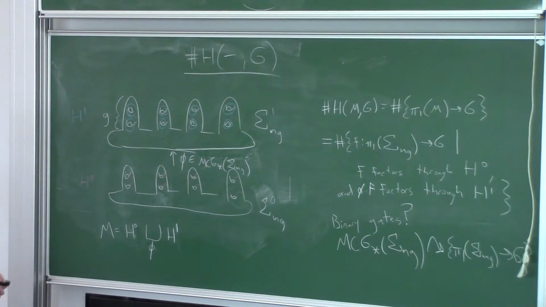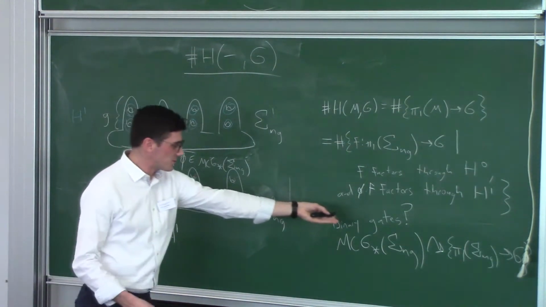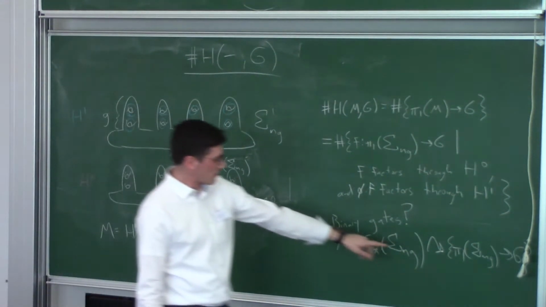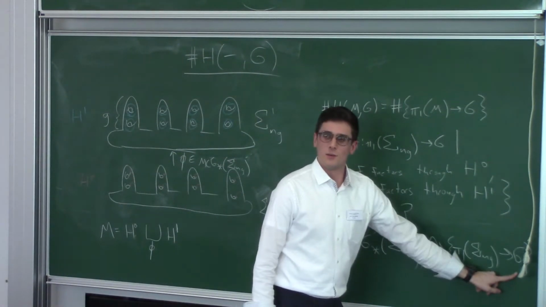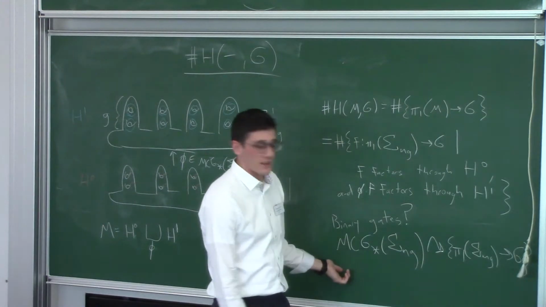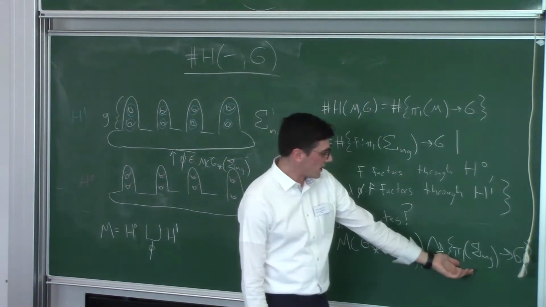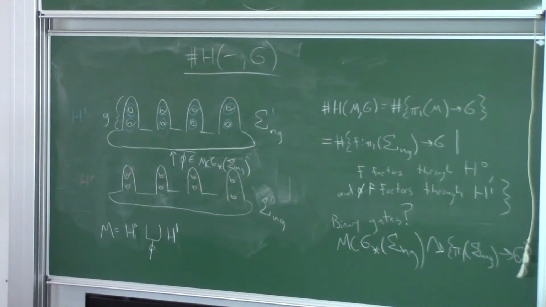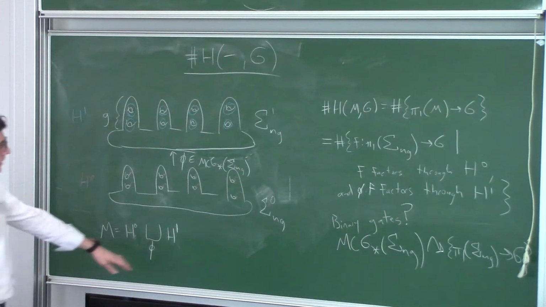That's exactly what people do in topological quantum computing. Here in topological quantum computing, this would be a Hilbert space. You'd have some unitary action of the mapping class group. But we just have this finite set, and we have a permutation action.